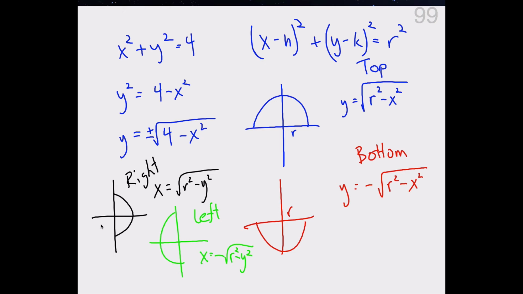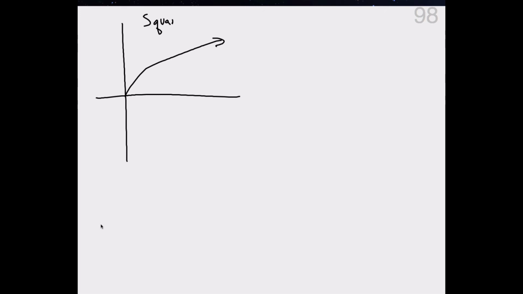Okay, so those are semicircles. Let's move over here. And then square root, just so we're all on the same page. Wow, that's supposed to be a smoother curve, but you get the idea. Square root. Y is equal to the square root of x. Suppose I want to graph the whole parabola, that's the whole sideways parabola.